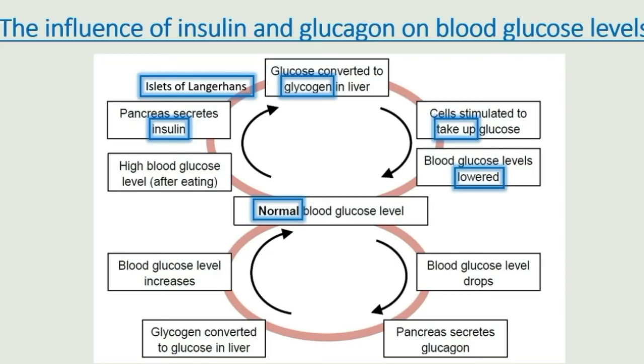Glucagon will then enter the bloodstream and travel to the liver. This will stimulate the liver to convert glycogen, which is the stored form of glucose, back into glucose. The glucose will then be released into the bloodstream. Then there will be an increase in the glucose level in the blood, which will return the blood glucose level back to normal.